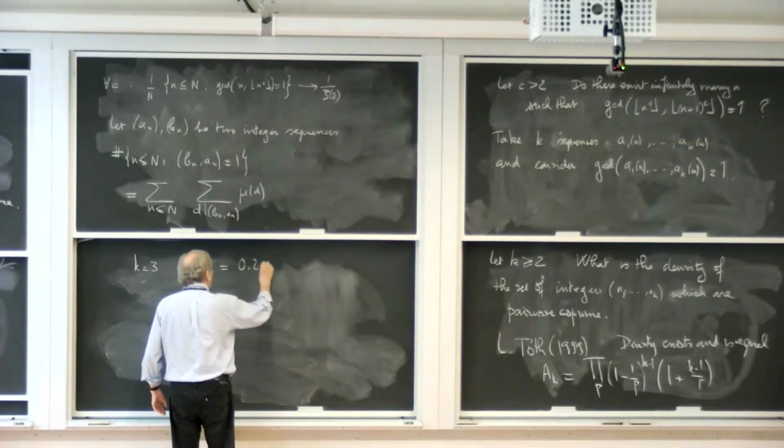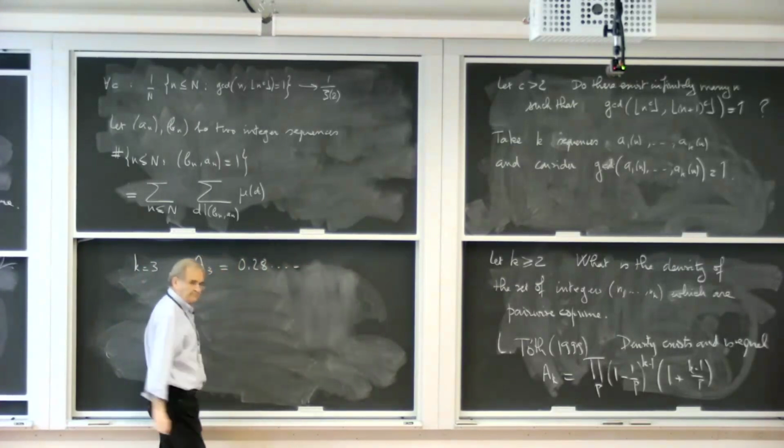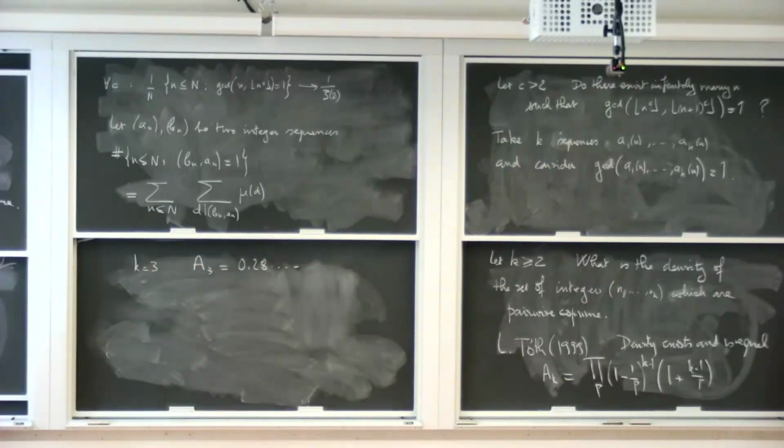This is about 0.28 something. An Euler product is easy to approximate as much as you wish.